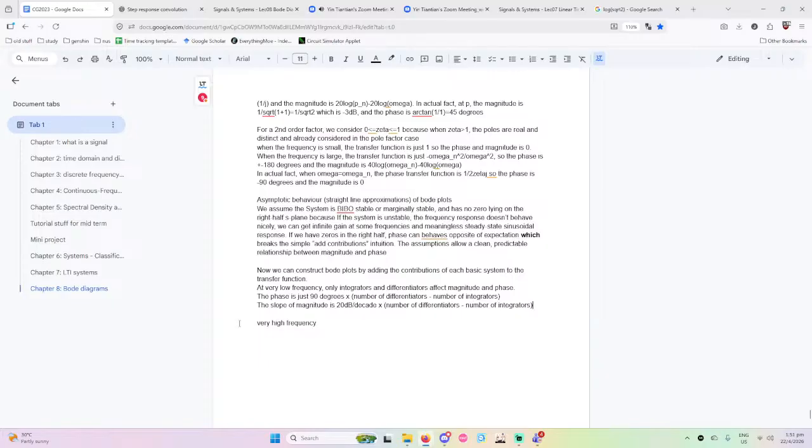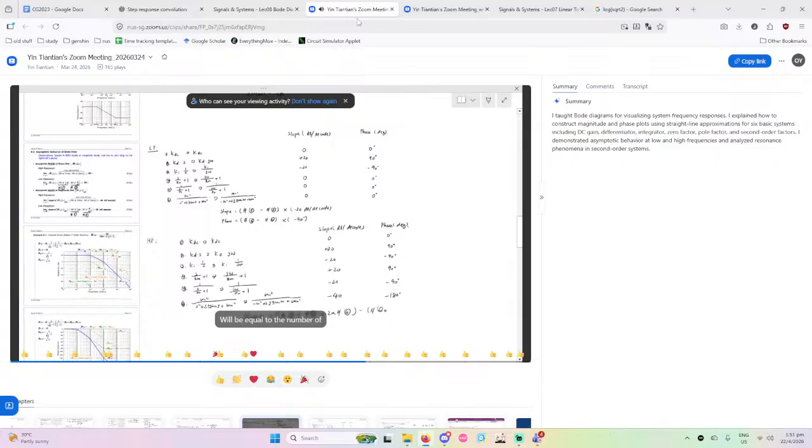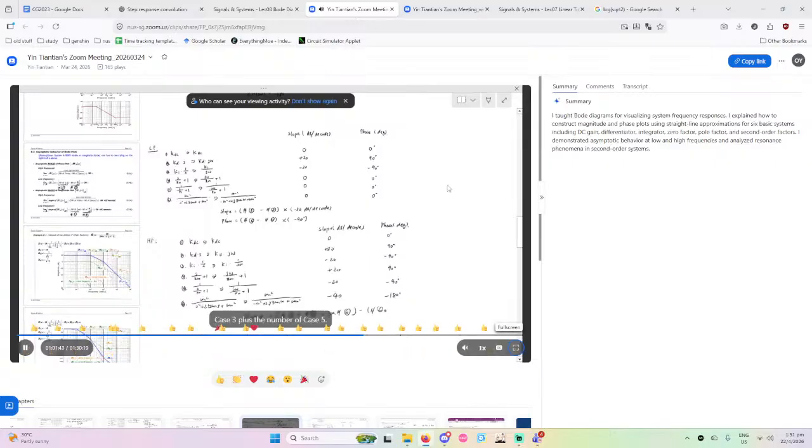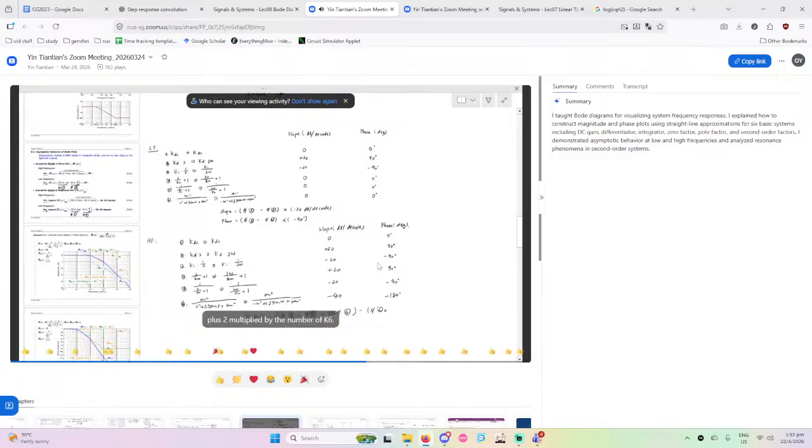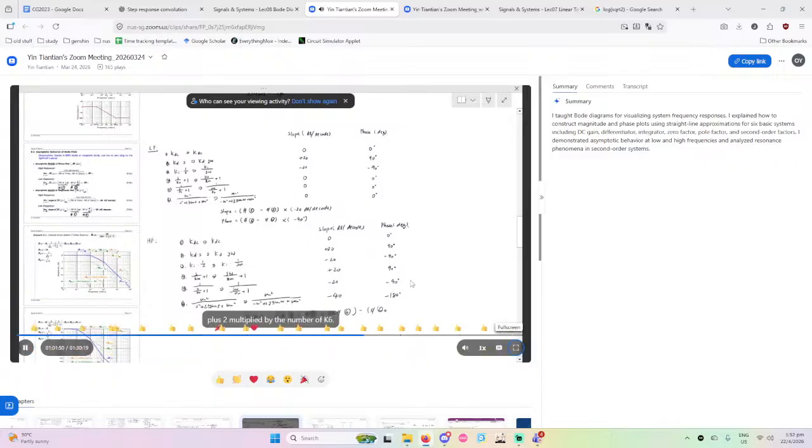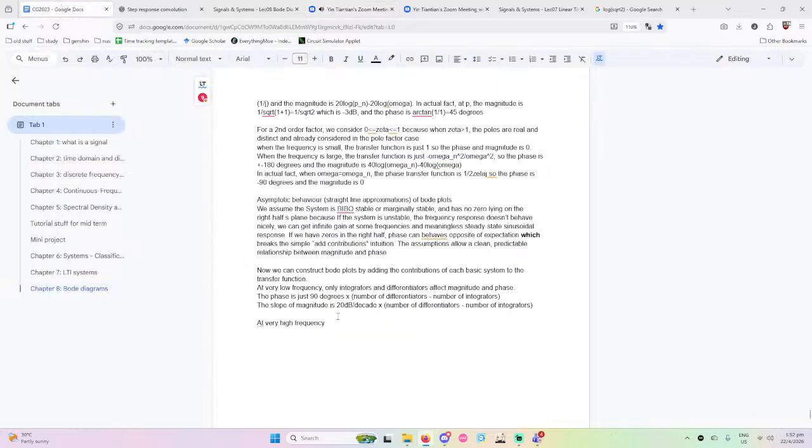So the slope of the system will be equal to the number of case 3 plus the number of case 5 plus 2 multiplied by the number of case 6 minus the number of case 2 plus the number of case 4. And it is multiplied by minus 20 dB per decade.